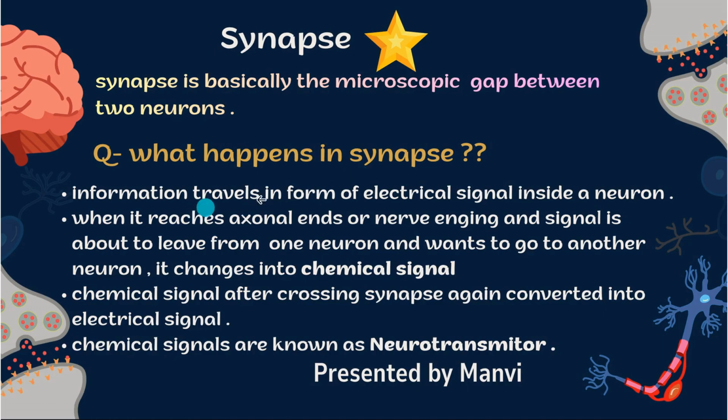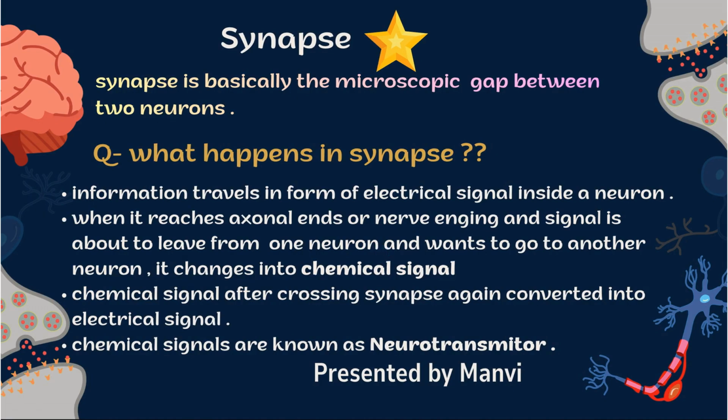What happens in synapse is information travels as an electric signal inside the neuron. Inside the neuron, the stimulus travels in the form of an electric signal, because a neuron can only sense electric signals. When it reaches the axonal end, also known as the nerve ending, the signal is about to leave one neuron and go to another neuron.